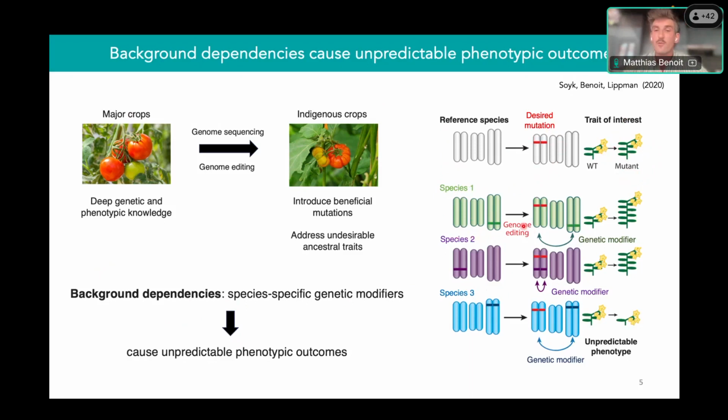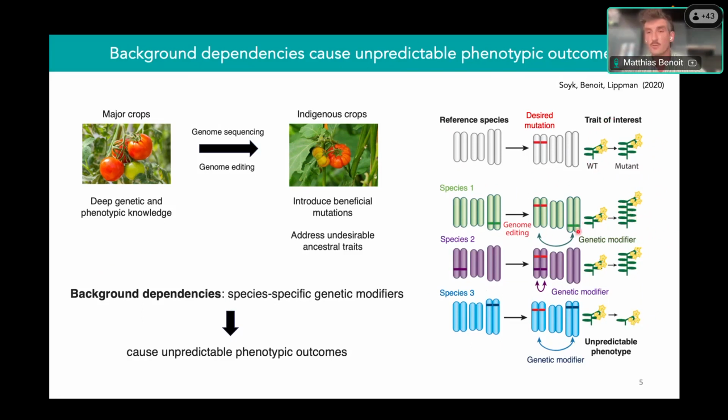But there are several examples where, by doing so, we don't recover the phenotype of interest that we want. There are many examples where, for instance, a mutation in a flowering regulator does not translate into the same phenotypic output between those species compared to the major crop reference species.